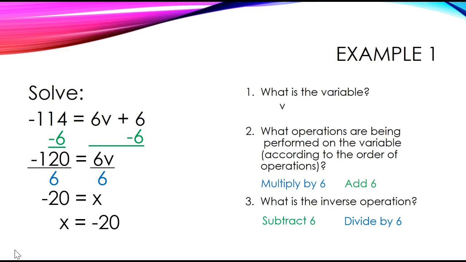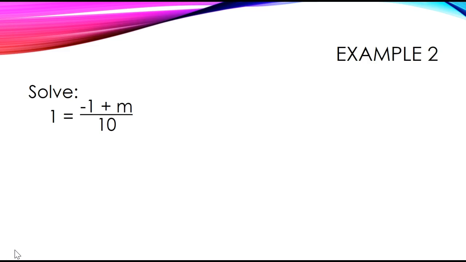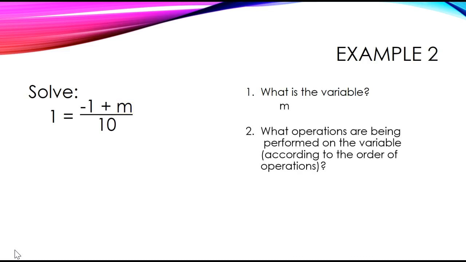Let's take a look at the next example. What is our variable? M. What operations are being performed on the variable according to the order of operations? Well, we have an addition and we have a division.